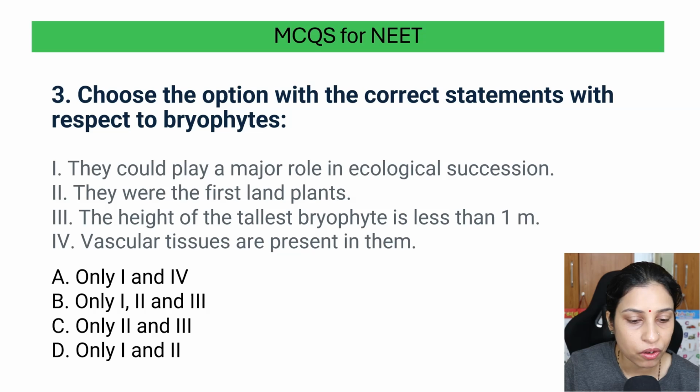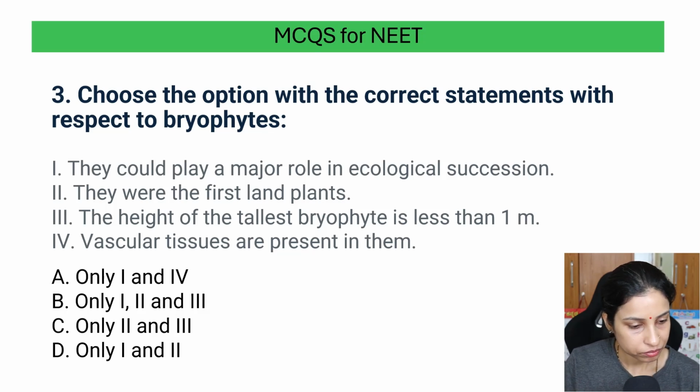The height of the tallest bryophyte is less than 1 meter. Yes, they do not grow so tall because they are avascular and need support to grow tall. There is no erect support or strength in the plant, so they grow only up to 1 meter, the highest length of bryophytes.